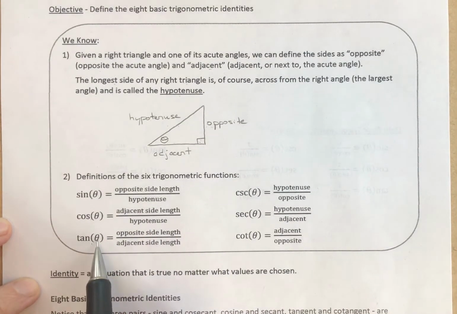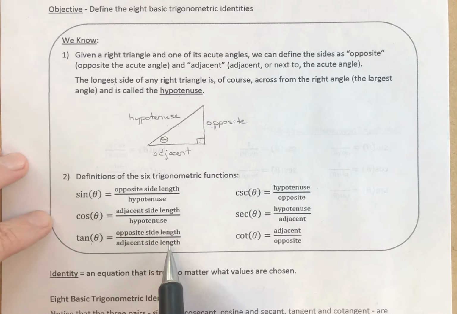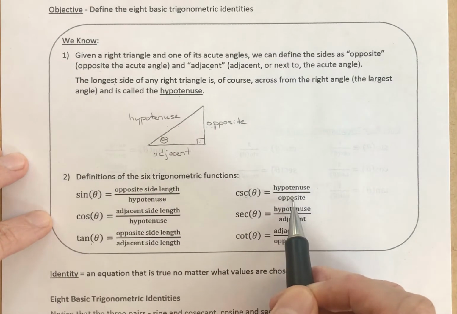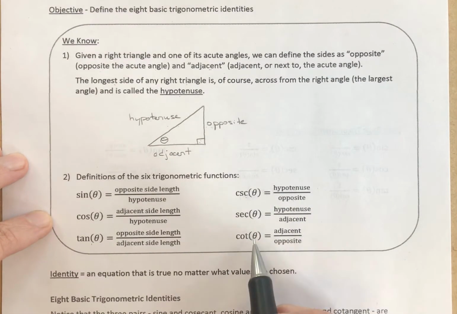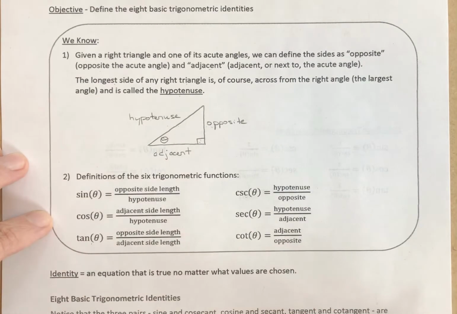And the tangent of the angle is the ratio of the opposite side length divided by the adjacent side length. Continuing, cosecant is hypotenuse over opposite, secant is hypotenuse over adjacent, and cotangent is adjacent over opposite.